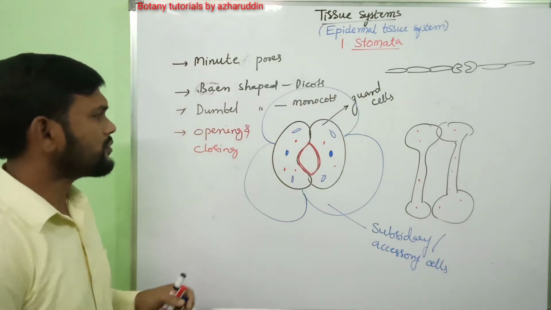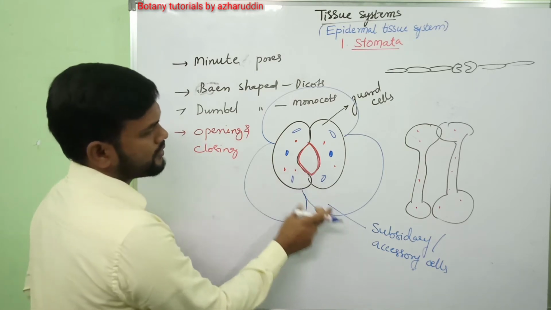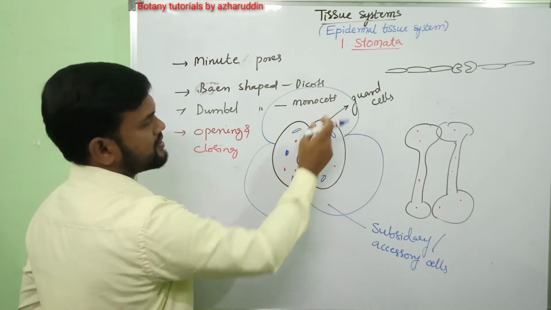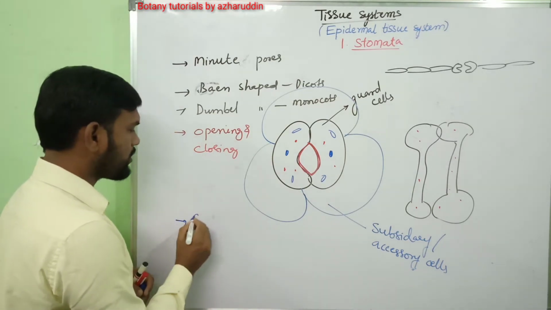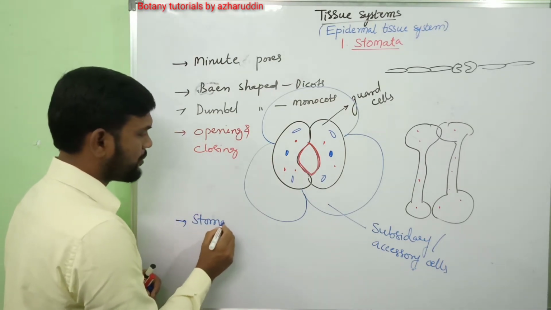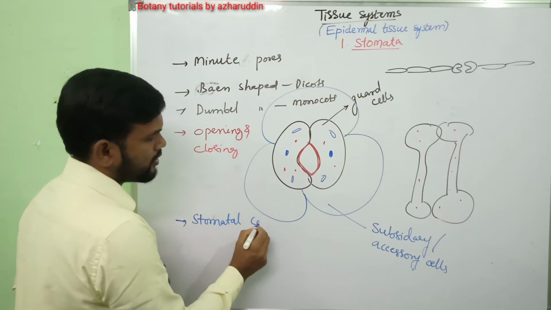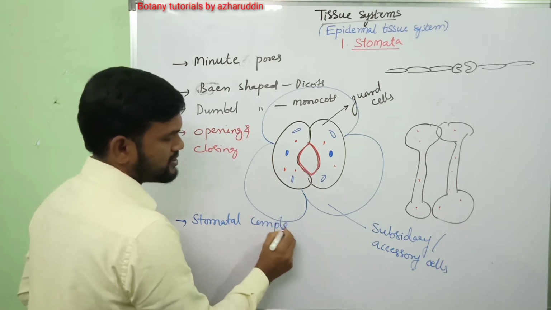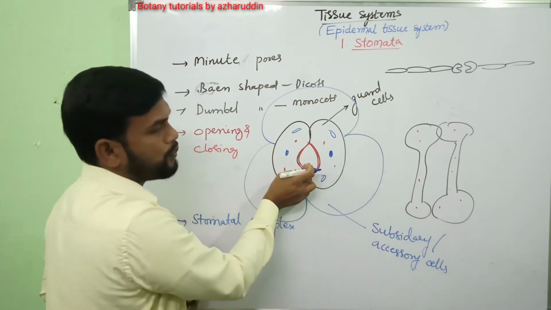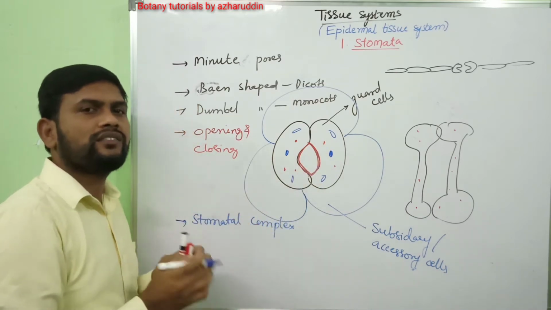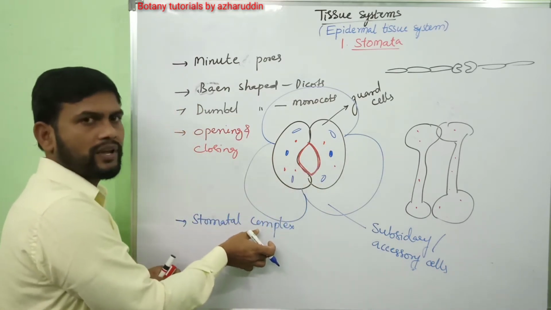Guard cells, subsidiary cells, and the pore all together form the stomatal complex.